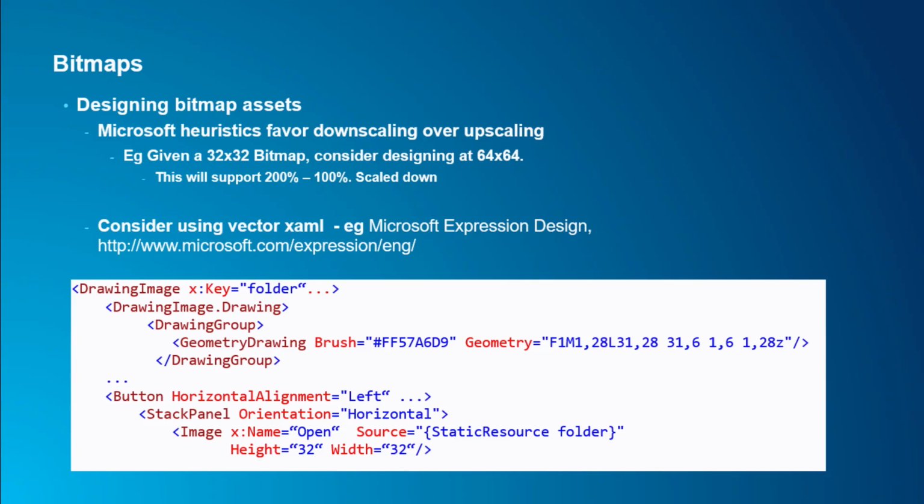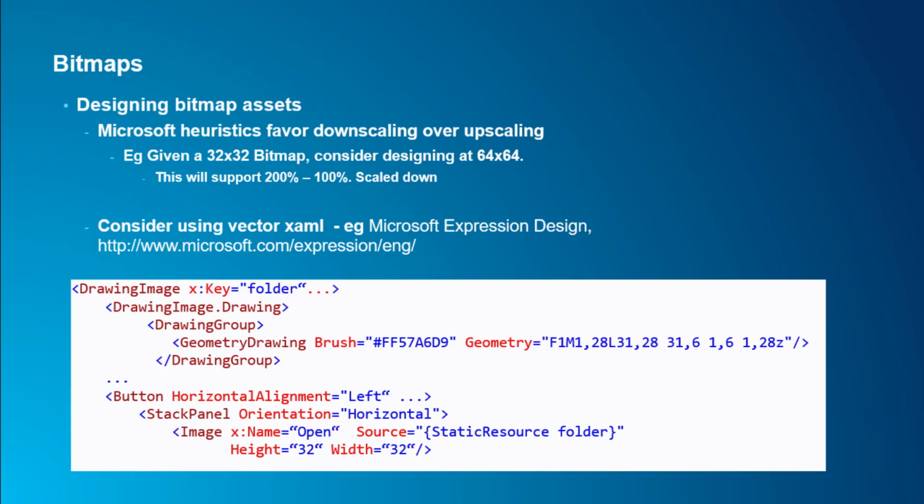Bitmaps. So when you're designing your bitmap assets, you may want to consider actually making them at a larger size than they're actually going to be shown. Microsoft documentation says that they do a better job of downscaling than upscaling content.